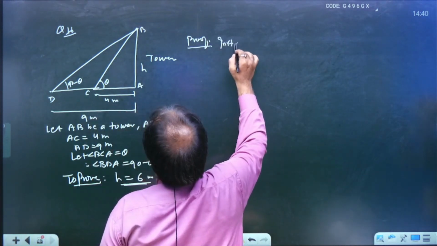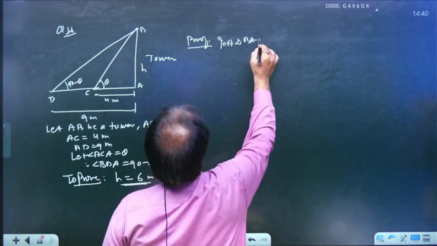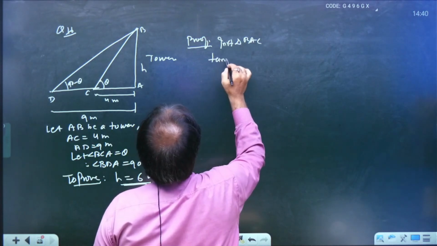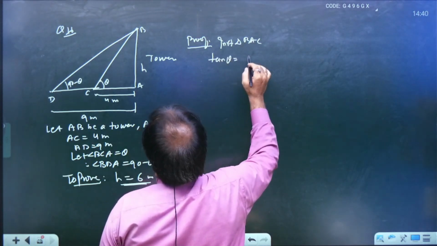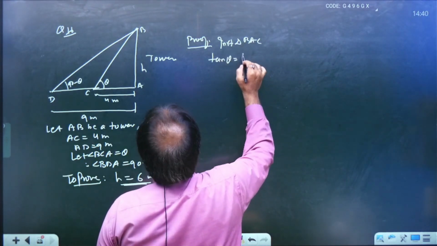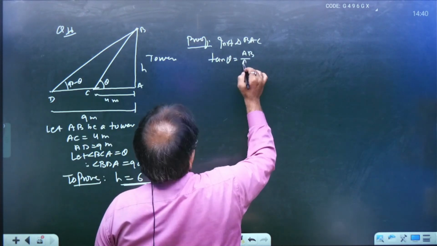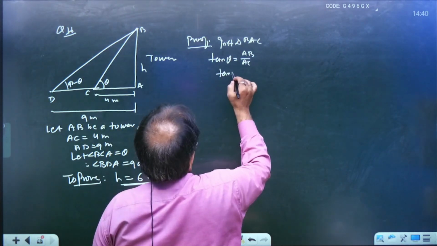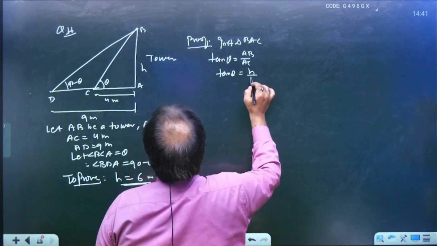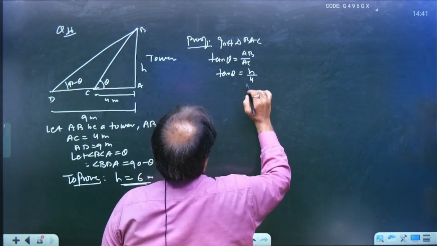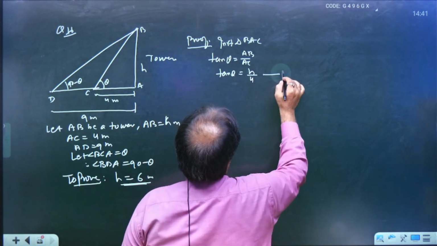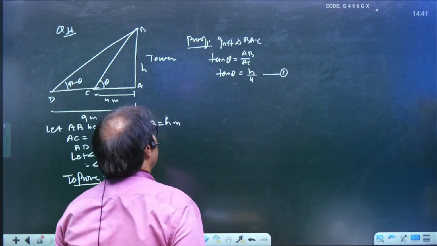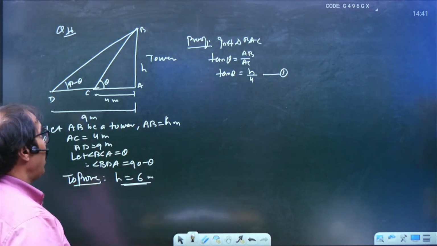In right triangle BAC, by applying the formula, tan theta is equal to AB upon AC. So tan theta is equal to h by 4. Okay, and call it relation number 1.